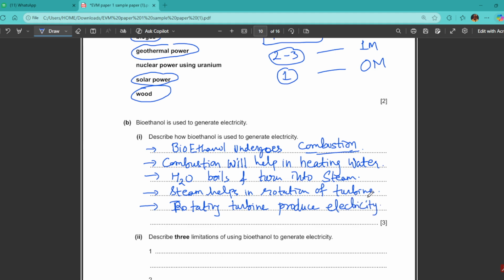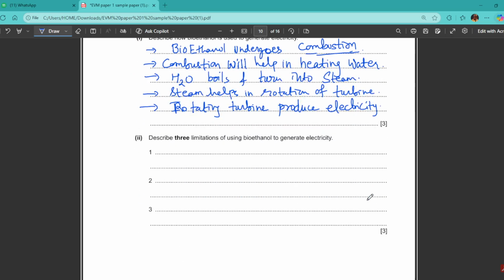That's what you are supposed to mention here: can produce electricity or generate electricity. So bioethanol goes through combustion to heating of water, gets converted to steam, rotates the turbine, and in this way the electricity is produced. 3 marks.